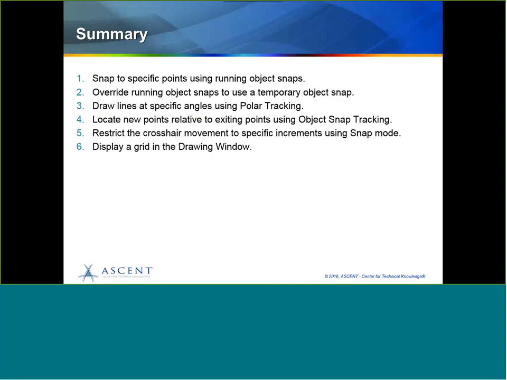We were able to locate new points relative to existing points using object snap tracking. I was also able to show you how to restrict the crosshair movement to specific increments using snap mode, and how to display a grid in the drawing window.